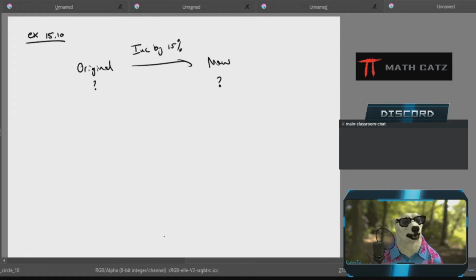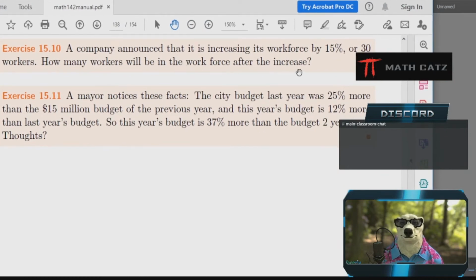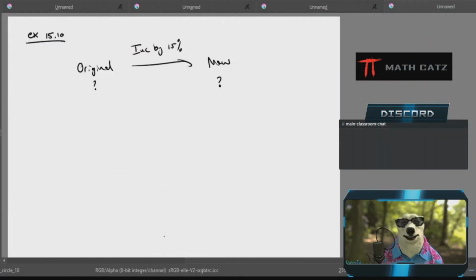If you read carefully, and many people don't, the 15% is equivalent to 30 workers. So the fact that it's an increase in this case is not irrelevant, but it's not quite immediately important for me. 15% on its own is the same as 30 workers.